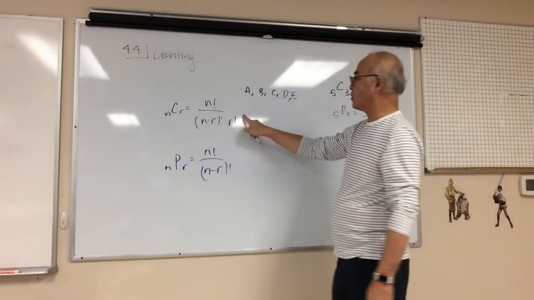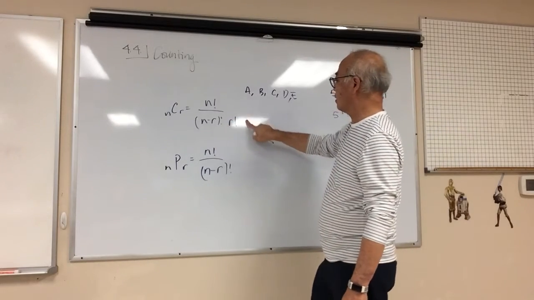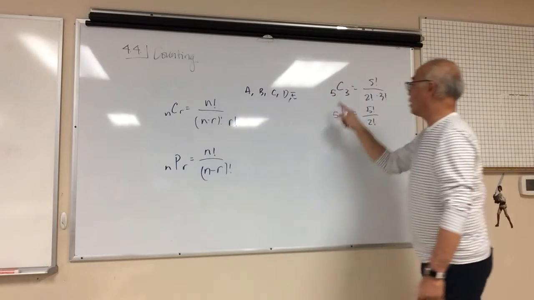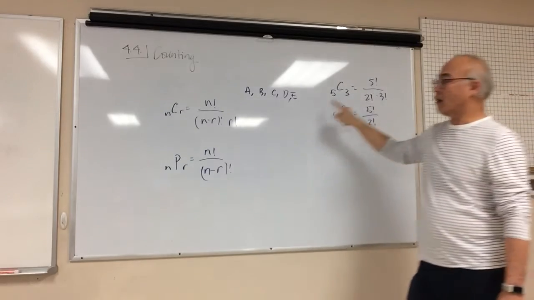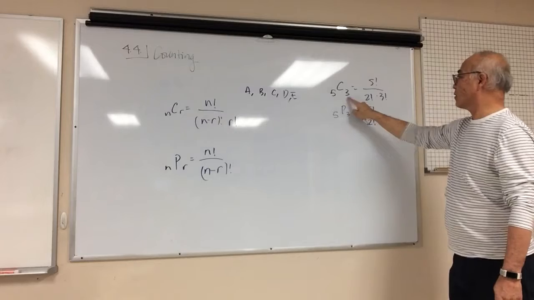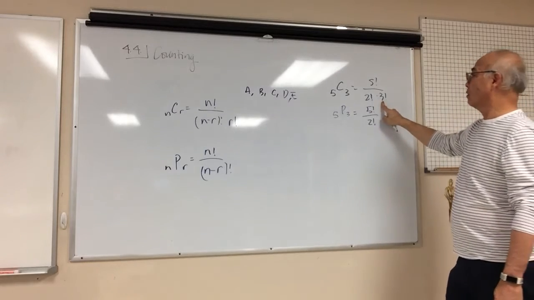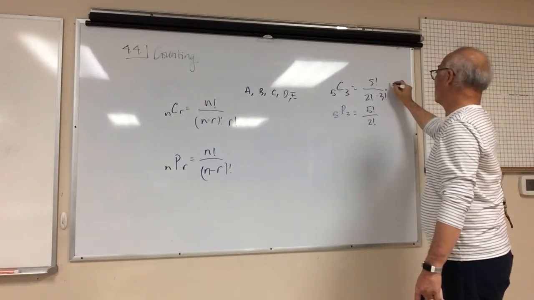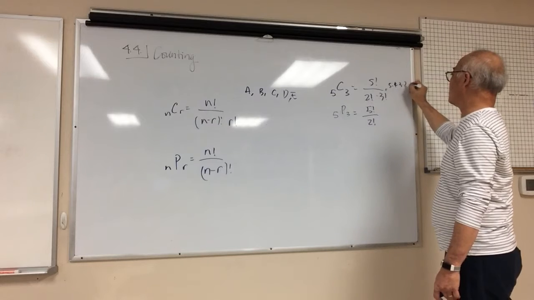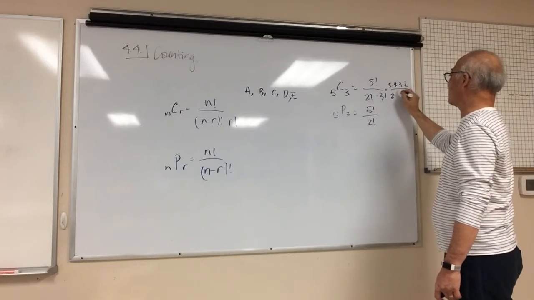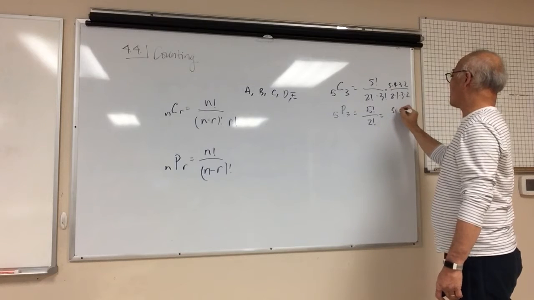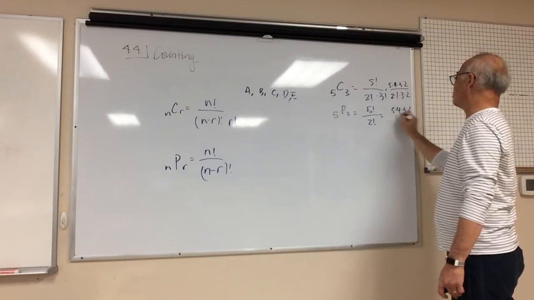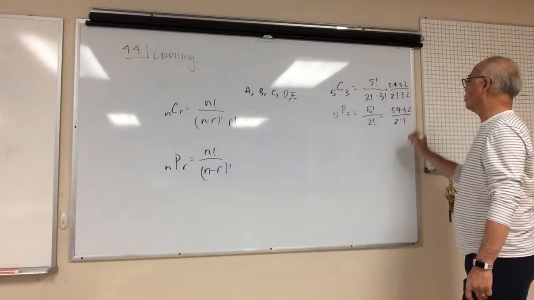Because I'm just putting in this equation: n minus r is 2 factorial, and r factorial is 3 factorial. So 5, 4, 3, 2, this would be 2 times 1, this would be 3 times 2, and 5, 4, 3, 2, 1.